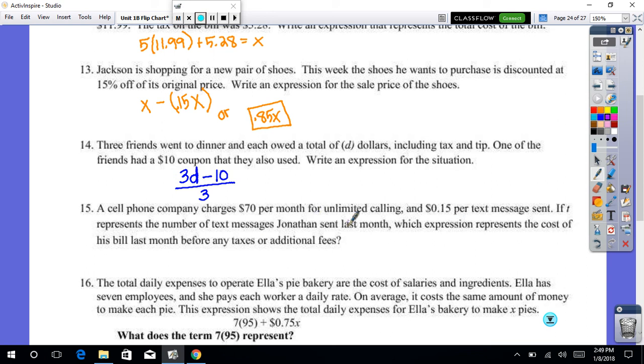Okay, if T represents the number of text messages that Jonathan sent last month, write an expression that represents the cost of his bill before any taxes or fees. Okay, so before anything, we're going to write this down. So he pays 15 cents per text message, plus he has the service fee of $70 a month.